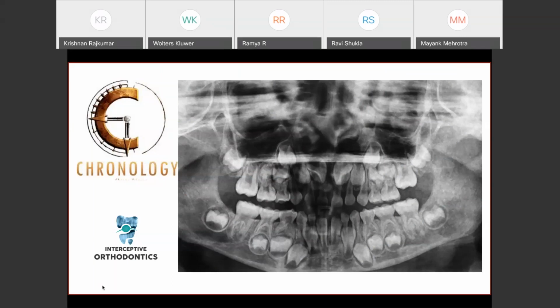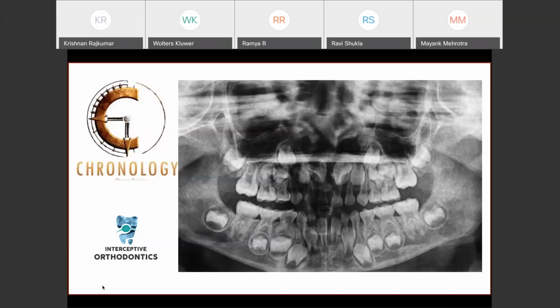And then there can be situations where you have teeth erupting in abnormal locations, giving an irregular pattern, something like an ugly duckling stage. But you should know that this is a phase which will pass, and as the child grows, the tooth pattern is going to become normal. So for you to understand where to intervene, and whether to intervene or not, you should have a good idea about the chronology of the deciduous and the permanent teeth.